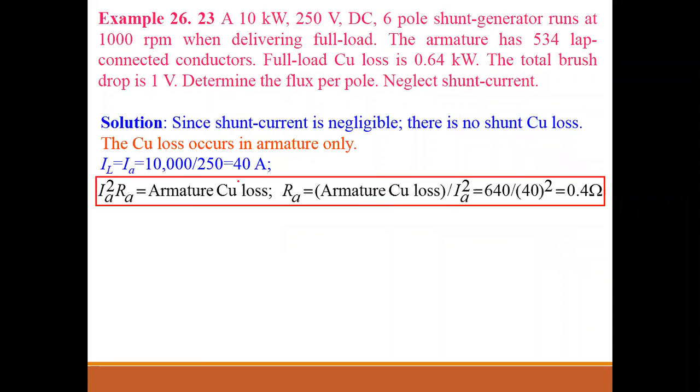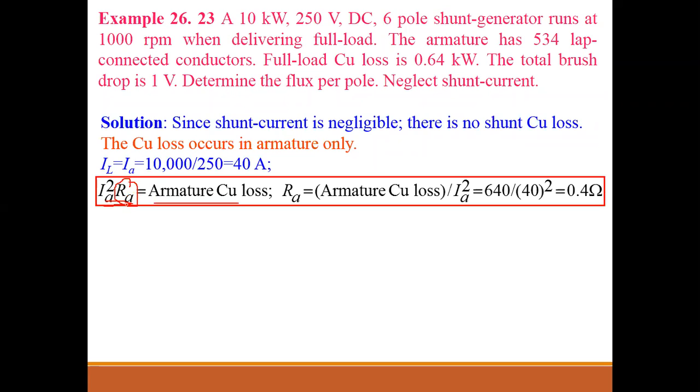Next is armature copper loss. Armature copper loss is nothing but IA square RA, right? We know the armature copper loss and the value of IA, so we have to find the value of RA.